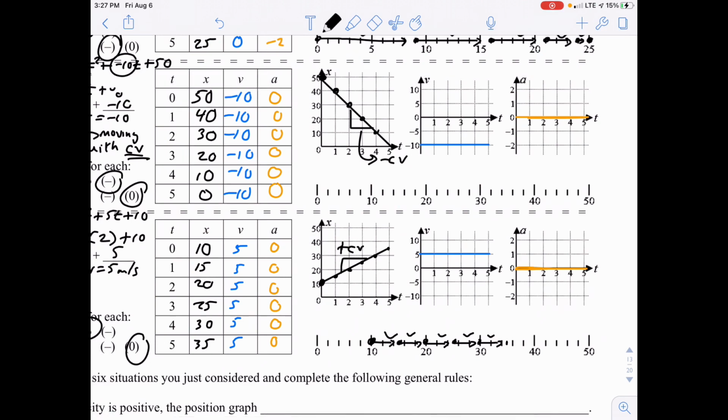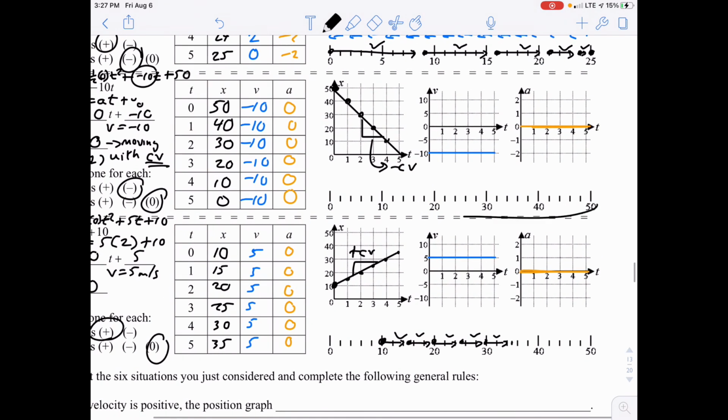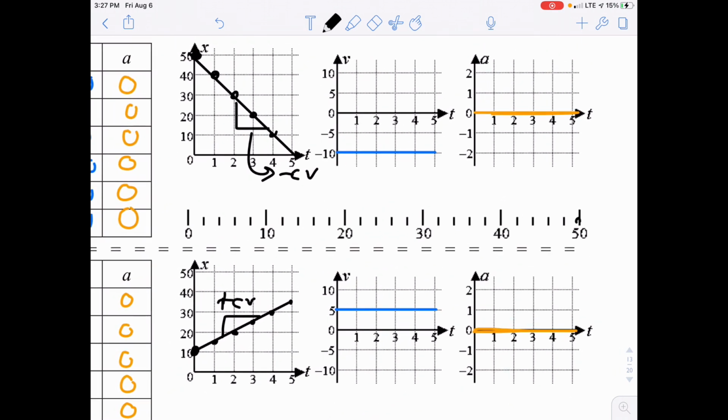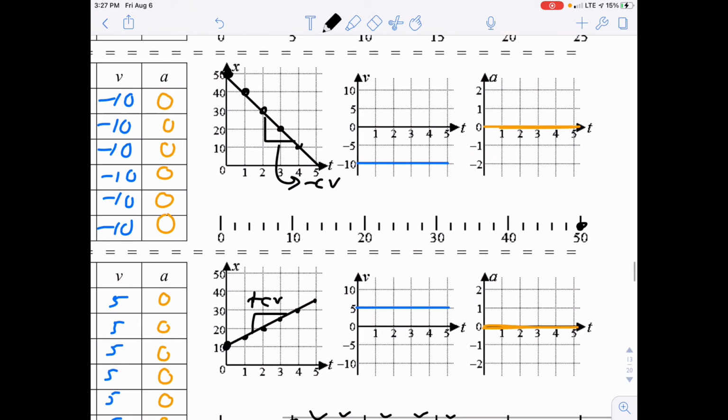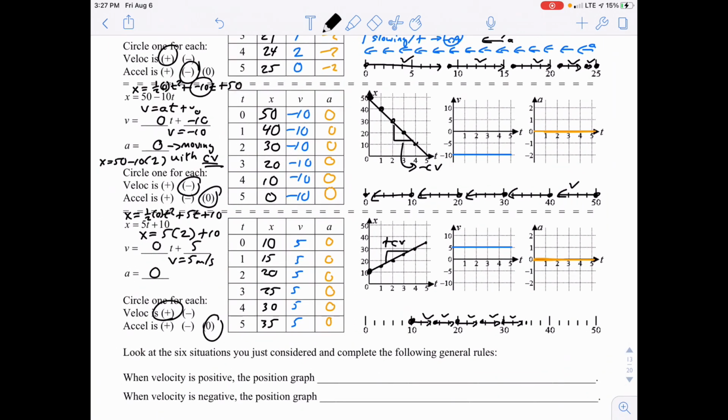And going back to situation number 5, I forgot to put the motion map on there, starting at 50, going every 10 meters like this. Same idea, it's just negative velocity going right to left, but it's constant velocity. So notice that the arrows are all the same length, but pointing to the left, accounting for the negative constant velocity.